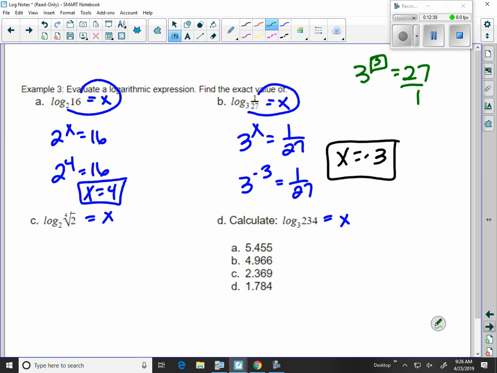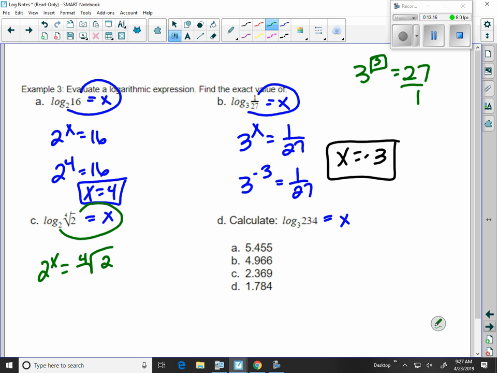Okay, part C, same deal. This has a base of 2. So 2 to the x equals the 4th root of 2. Do you remember, if I have the square root of x, how I can write that instead of a root, with a power?